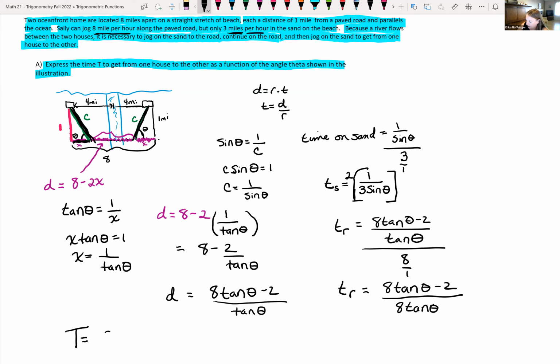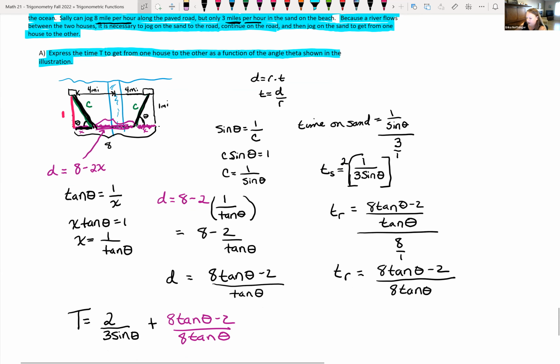The time on the sand is 2 all over 3 sine theta, plus the time on the road, which we just found to be 8 tangent theta minus 2 all over 8 tangent theta. So this is the total time t to get from one house to the other, going on the sand, then on the road, and then back up on the sand again.